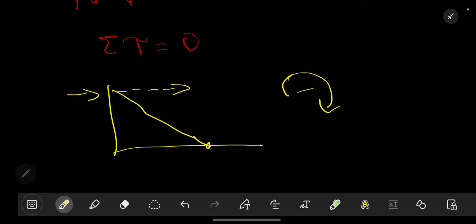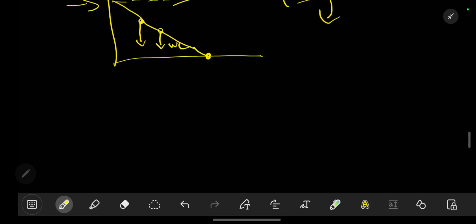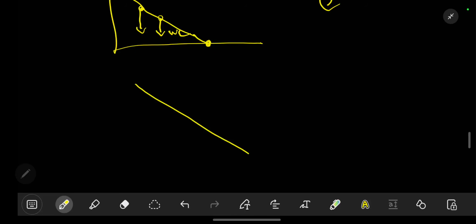So let's begin with the ones that are positive: the weight of the electrician pushing down, and the weight of the ladder. Since we dealt with the ladder, let's begin with the ladder. The ladder's weight is pulling down like that, continuing like that.